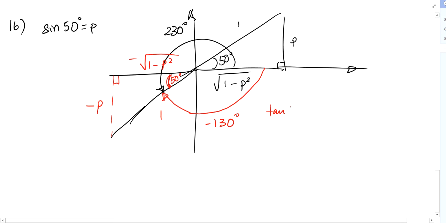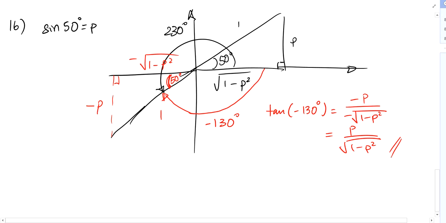So tangent, negative 130 degrees. What is the ratio? Which one over which one? Y over x. What is the y value? Negative p. What is the x value? Okay, simplify to become p over root 1 minus p squared.